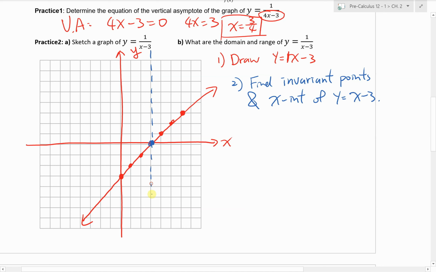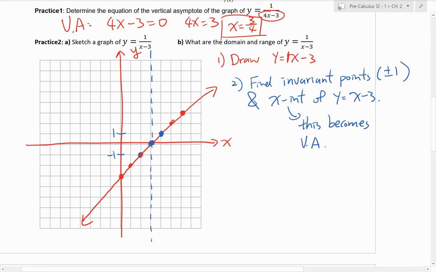So here is my vertical asymptote, VA. Invariant points would be plus or minus 1 for the y value, so that's right here, because that's the y value of 1, and that's the y value of -1.